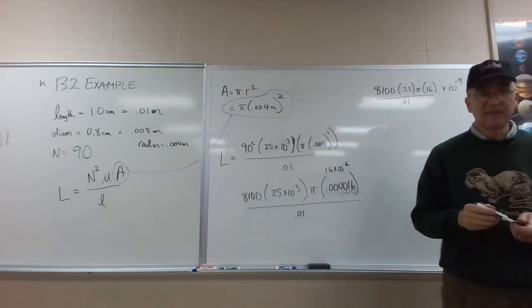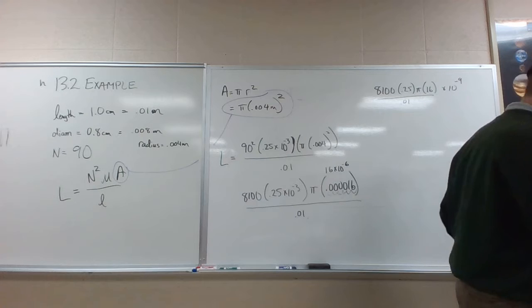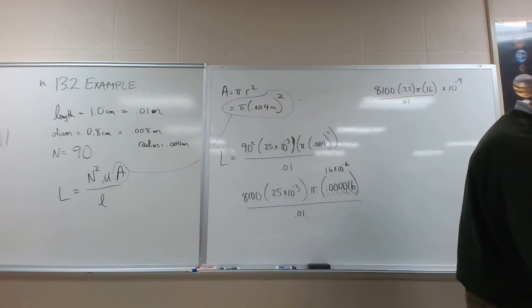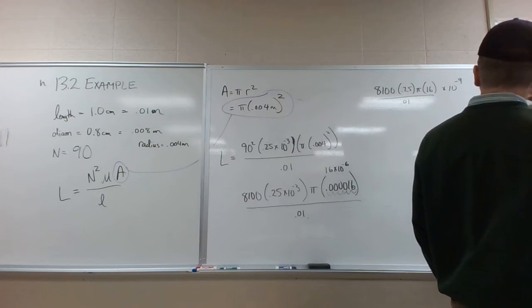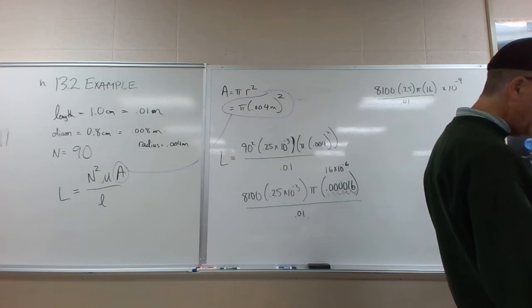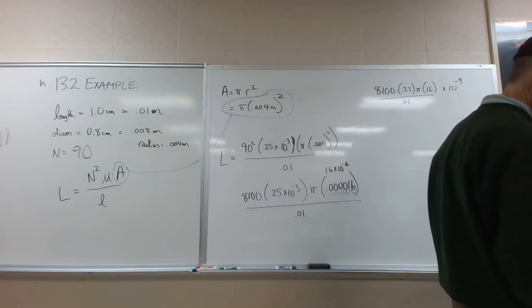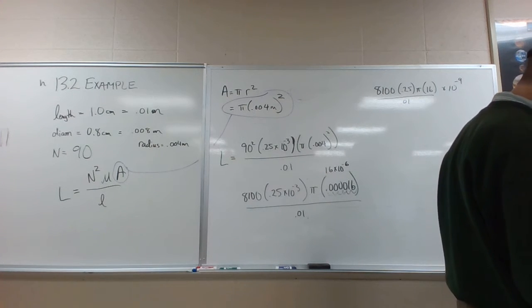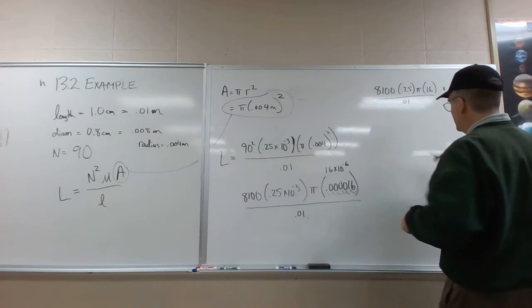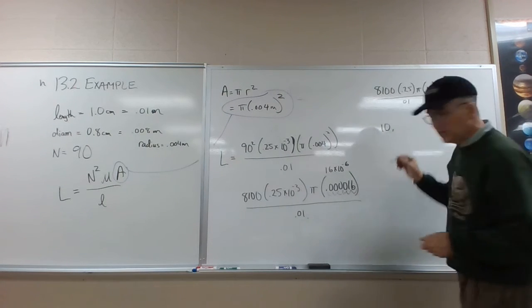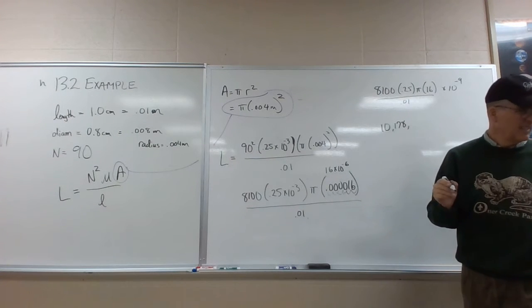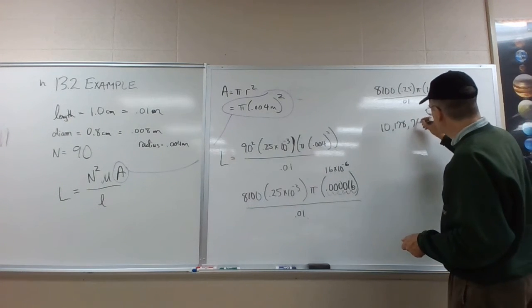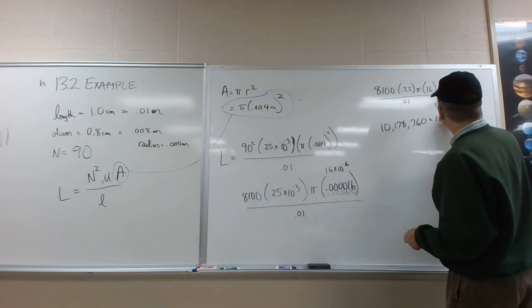So let's run these numbers through the calculation machine. 8100 times 0.25 times pi times 16 divided by 0.01, and I got 10,178,760 times 10 to negative 9.